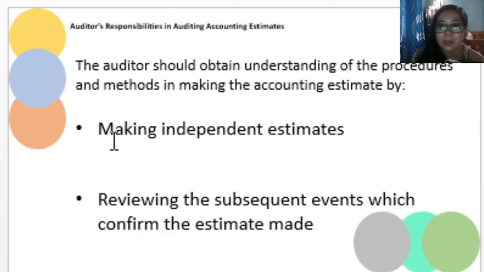Also, the auditor should make independent estimates, or he will reperform or recalculate to see if the entity did the correct measurement or application of such accounting estimate. And lastly, the auditor will review the subsequent events which confirm the estimate made by the management. So this is how the auditor should proceed. These are his responsibilities in auditing accounting estimates made by the entity.